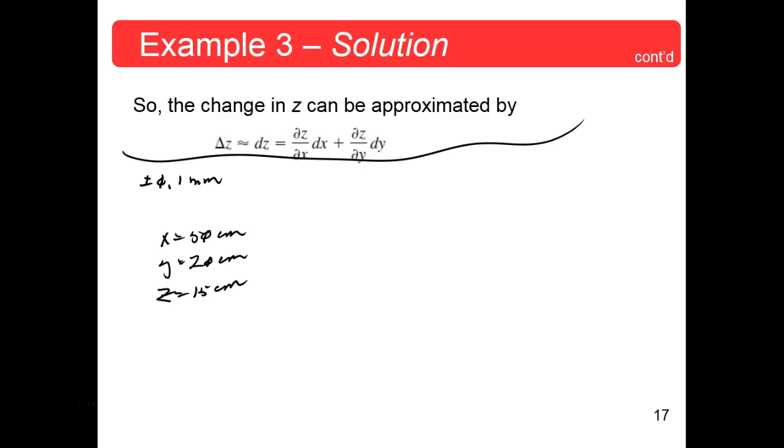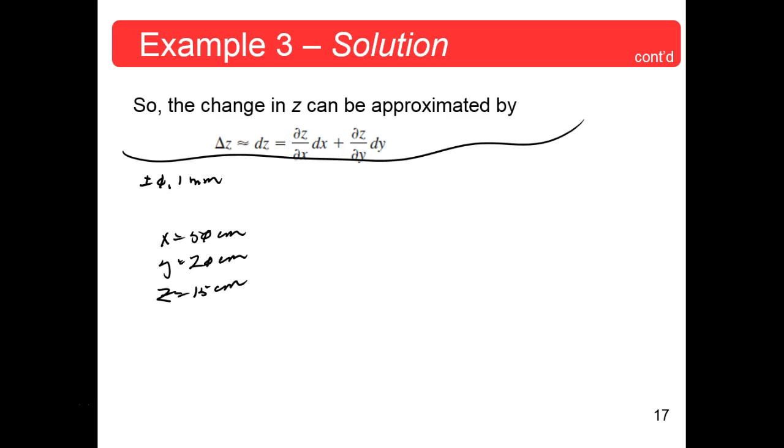Which would be, for 50 centimeters, 1/10 of a millimeter would be 50.01, 20.01, 15.01, or 49.99, 19.99, and 14.99.